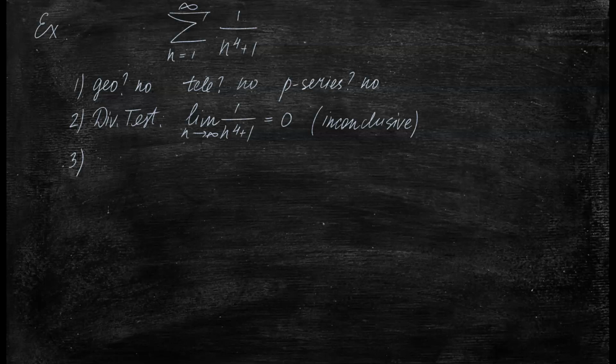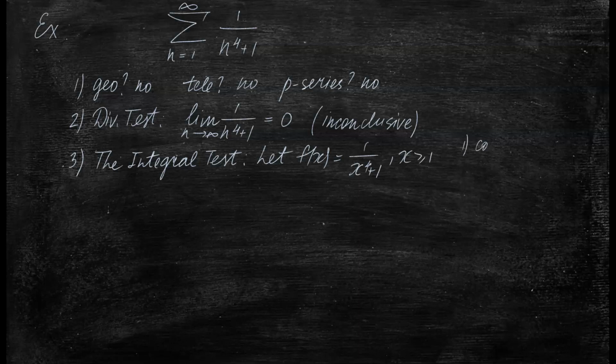convergence test. And the only test that we know is the integral test, so we can totally try to set it up by introducing a function, and we can only perform this test if the function satisfies the three conditions.